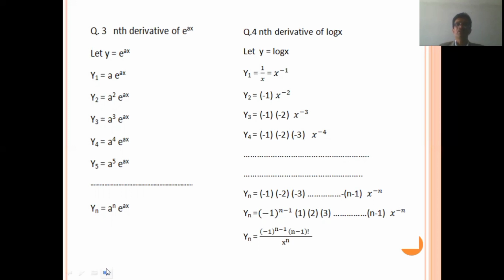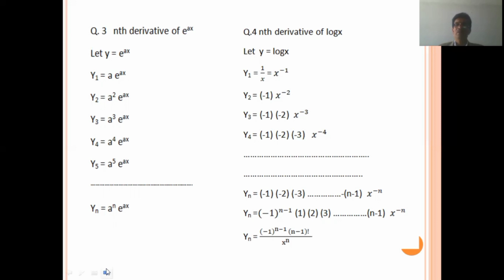Next, one more example we take here. y equal to log x. So y1 equal to differentiation of log x equals 1 by x, and 1 by x is also written as x to the power minus 1. So y2 is equal to minus 1 into x to the power minus 2. y2 means the second derivative.